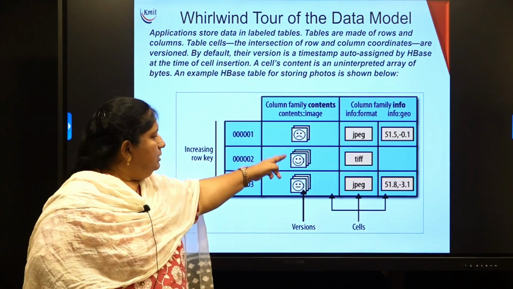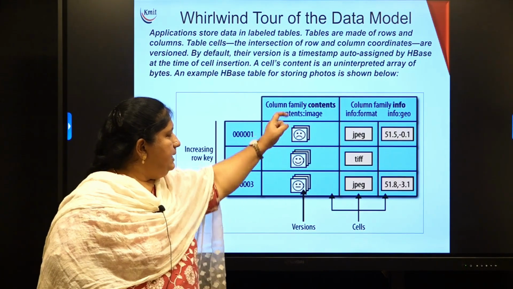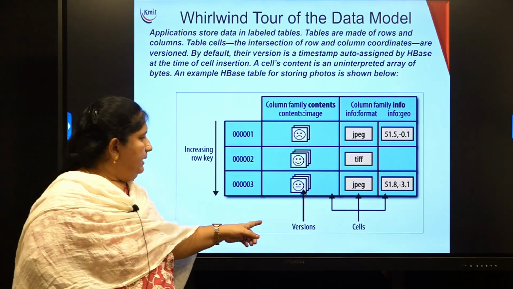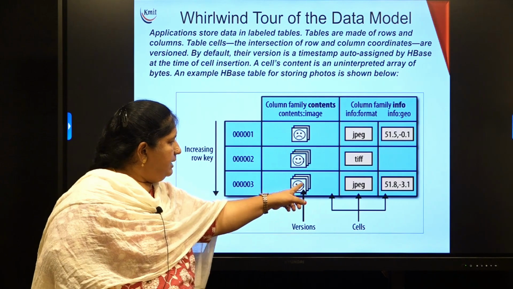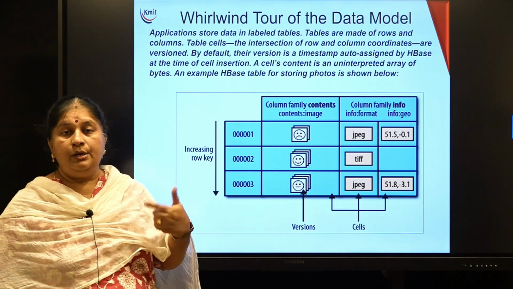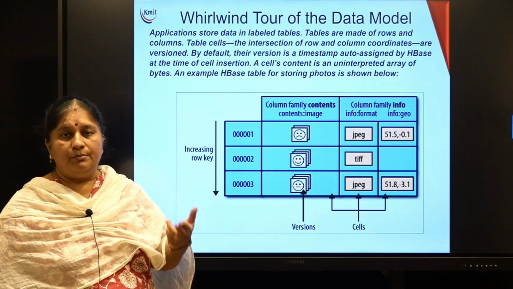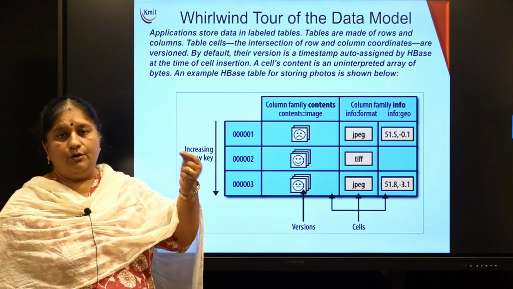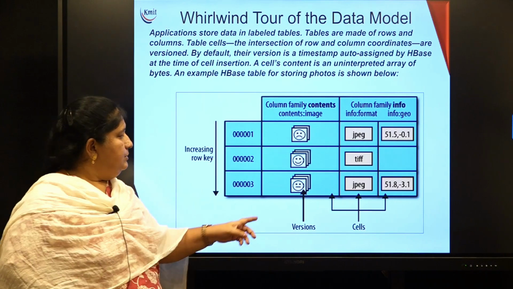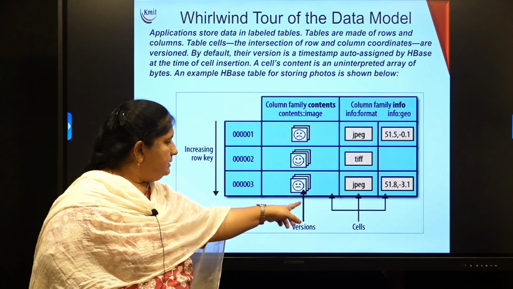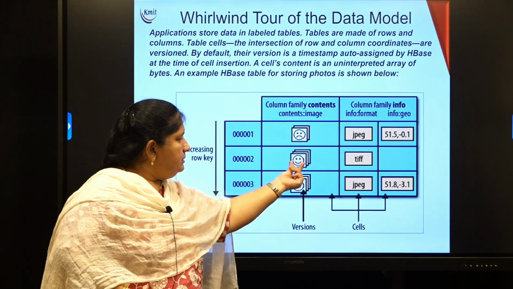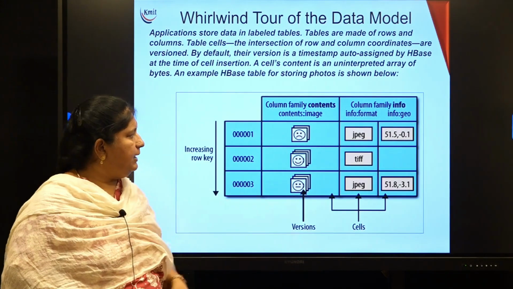So this column has a family name called content, and what does it contain? Image. And for every image, if you see, there are multiple values, multiple copies included. So for the same value, you can store multiple copies of the data. Because of this, we store the timestamp value. Those are the versions. For this example, I have 2 versions for this, 3 versions for that, just to show the diagram.